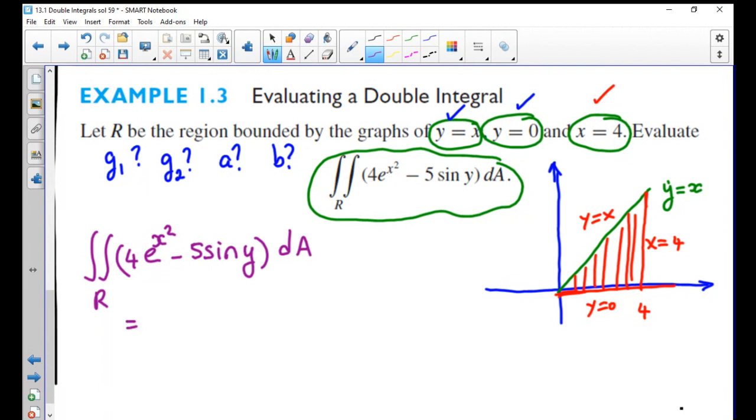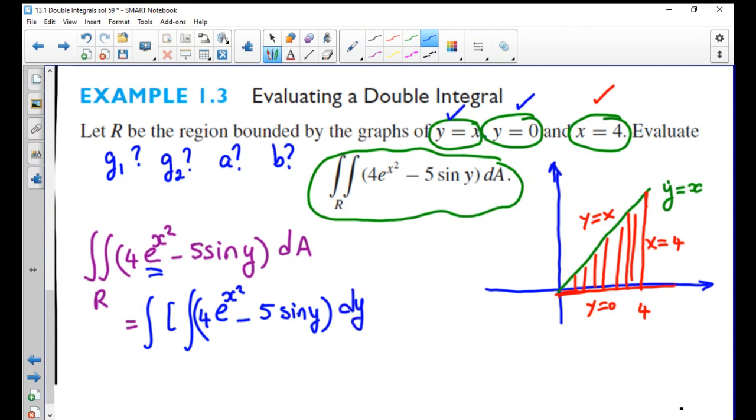First, let me say that I cannot integrate this with respect to x. It's impossible to find the integral of e^(x squared) with respect to x. So I must integrate first with respect to y. Now, what is G1? Look at what's happening to y.